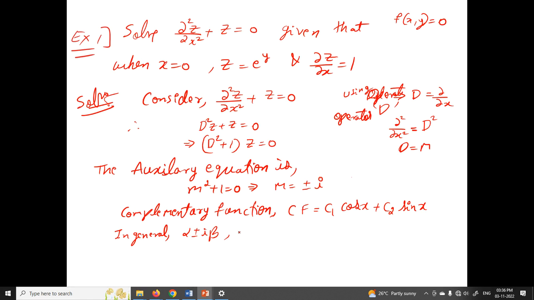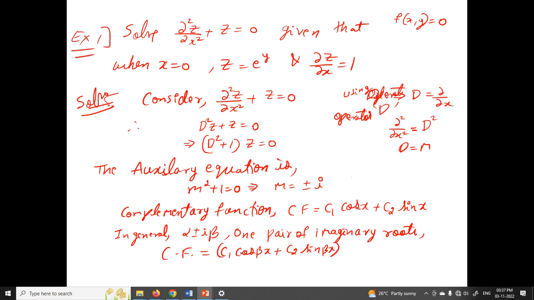for one pair of imaginary roots, yes friends, CF will be equal to (C1 cos βx + C2 sin βx) e^(αx).